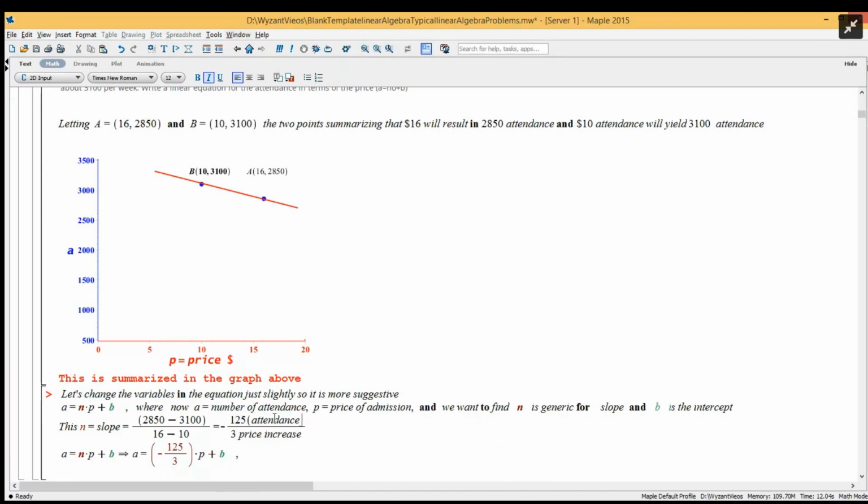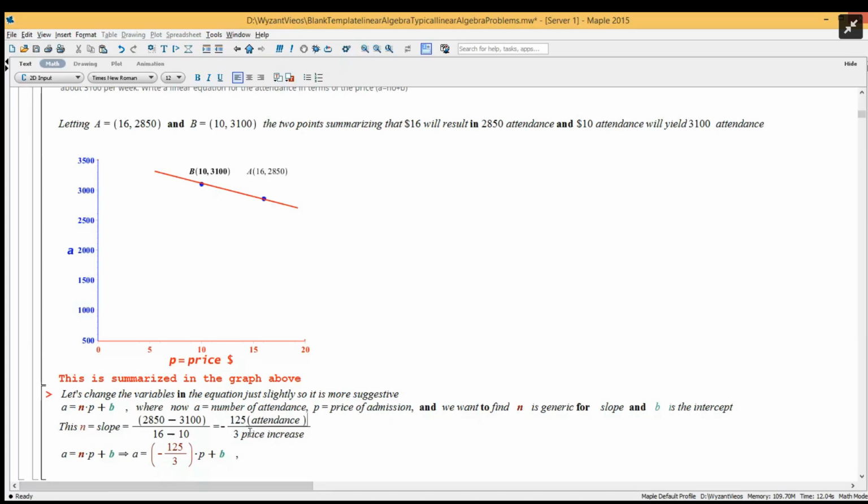You can interpret it as follows: if you decrease the price by $3, your attendance will increase by 125. So one's positive, one's negative. Or if you increase by $3, your attendance drops.